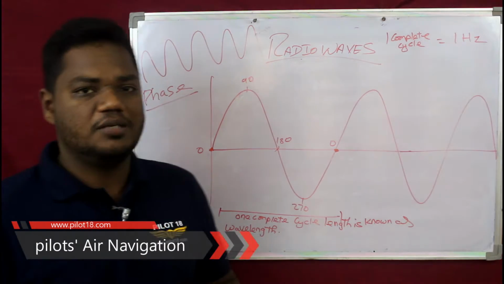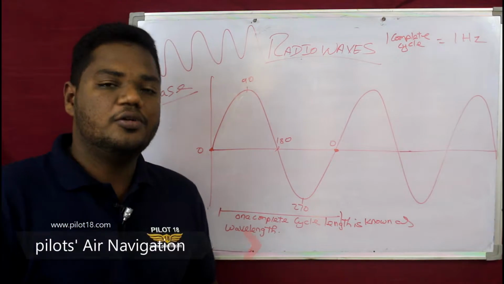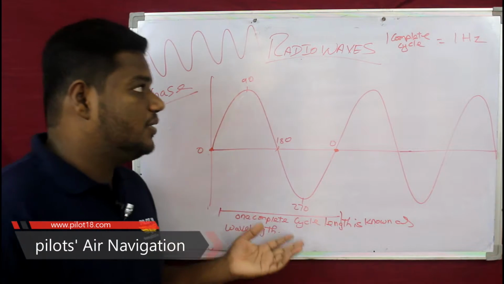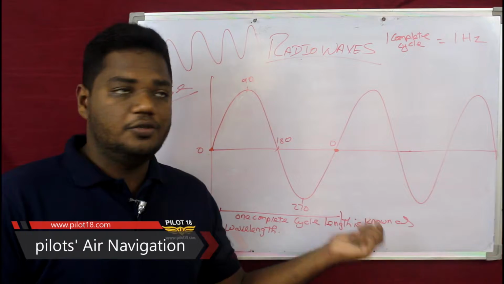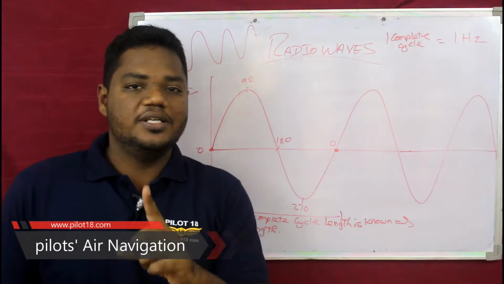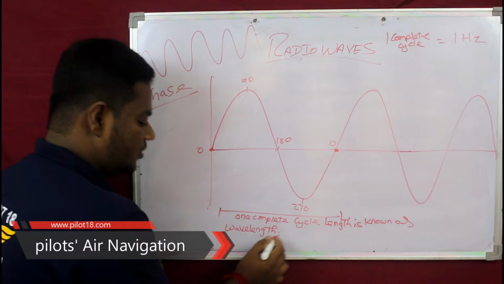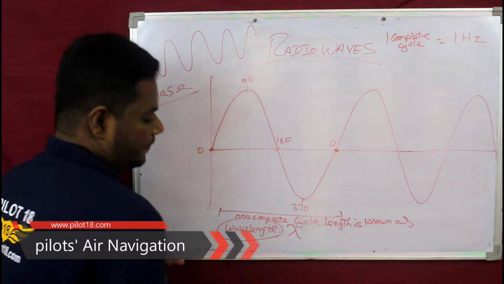We can't say every time one complete cycle, one complete cycle. So in order to make the explanation simple, we got a unit which is known as hertz. One complete cycle means 1 hertz. All right, and the length of one complete cycle is known as wavelength, which is known as lambda.